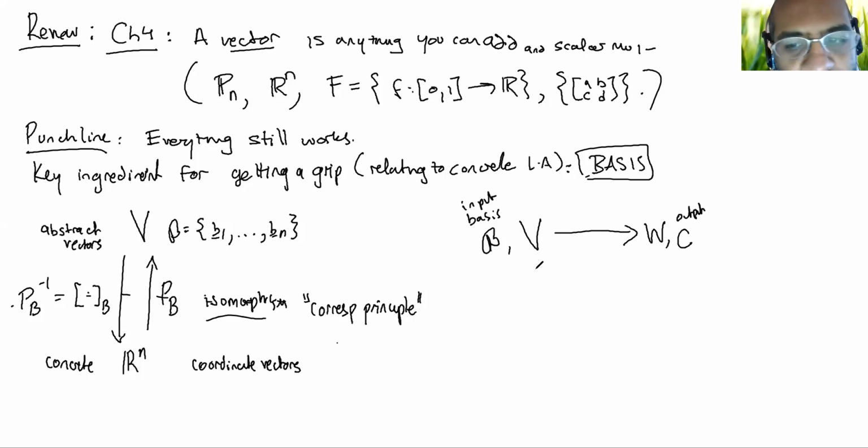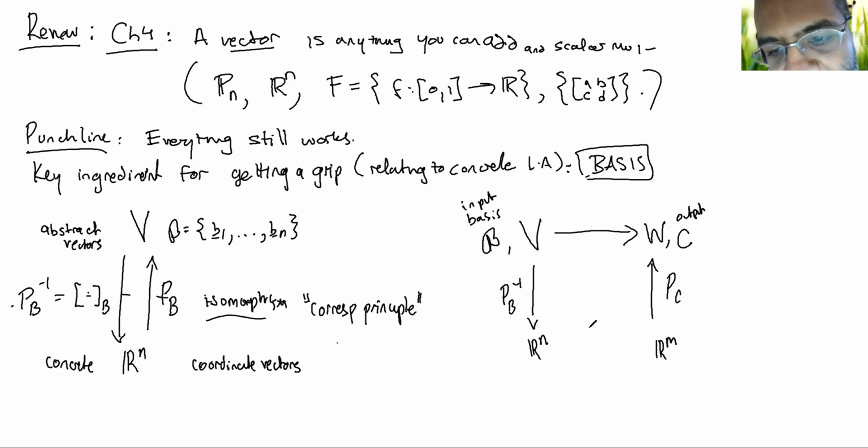Then you can do the same thing on both spaces. You have PB inverse going to Rn, and maybe this is Rm, with m dimensions, PC. And now down here you have the matrix of T with respect to these two bases, B and C. So here you have T, and the point is this is a matrix.